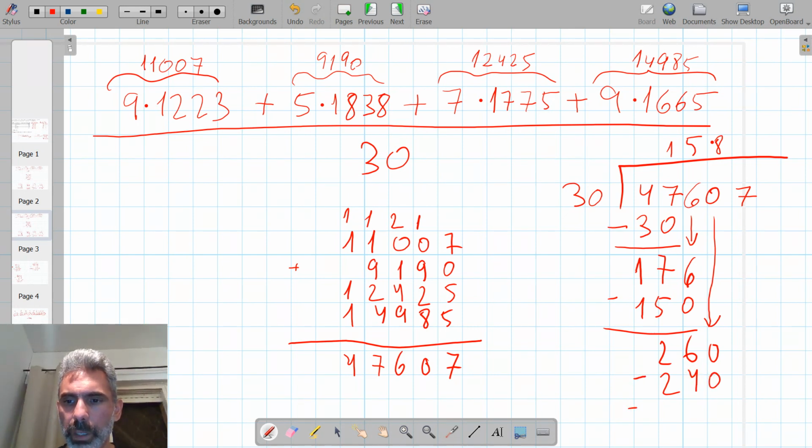And I have a remainder of 20. 260 minus 240 is 20.